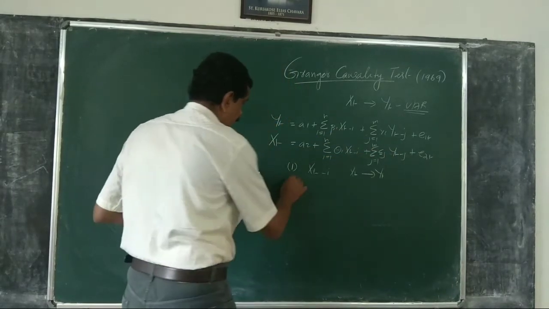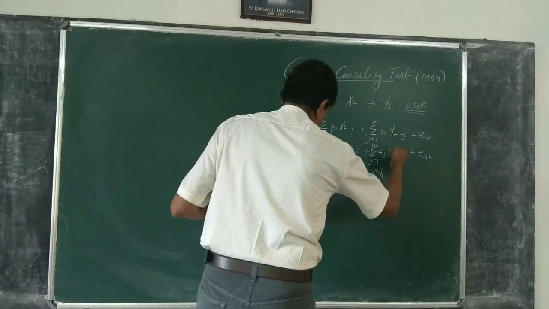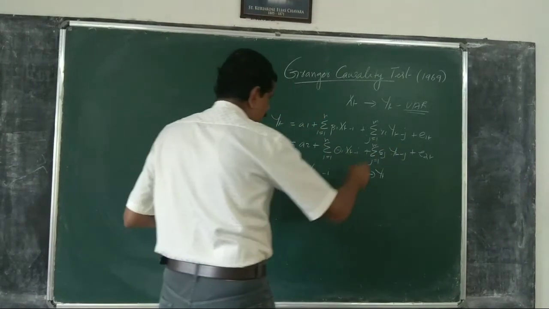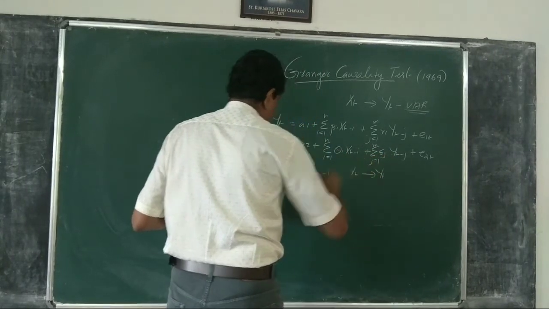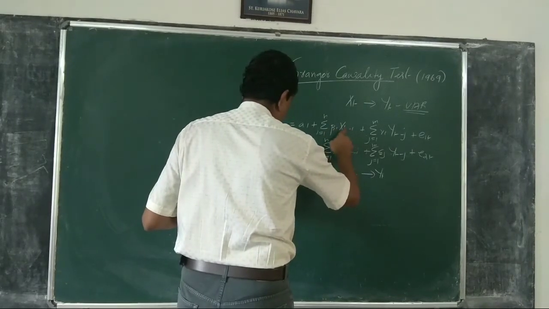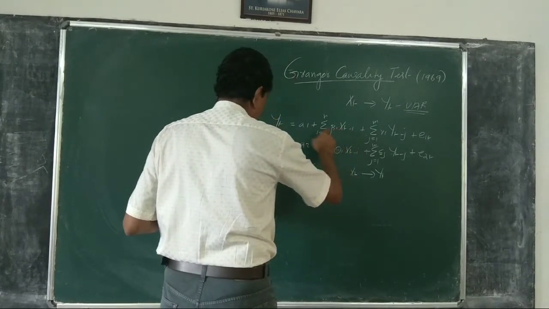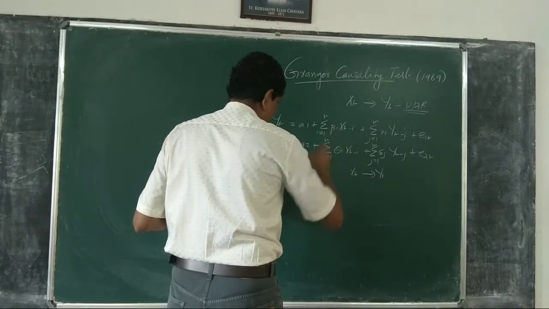A second possibility is lagged values of y are statistically different from 0 as a group in the second equation, and lagged values of x are not statistically different from 0 in the first equation.